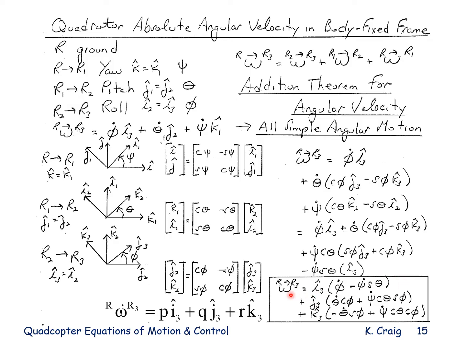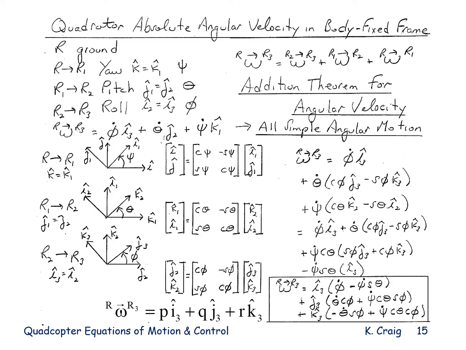The angular velocity of R3 and R, which is the absolute angular velocity of the quadcopter in the grounded reference frame, is expressed in the body fixed set of unit vectors, I3 hat, J3 hat, K3 hat, through these expressions. And I represent each of these terms by the letters P, Q, and R.